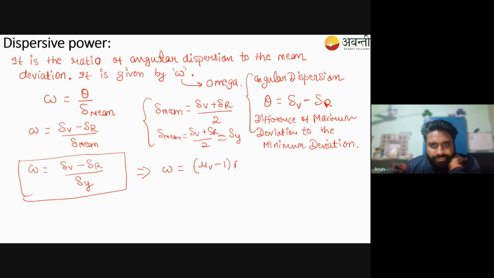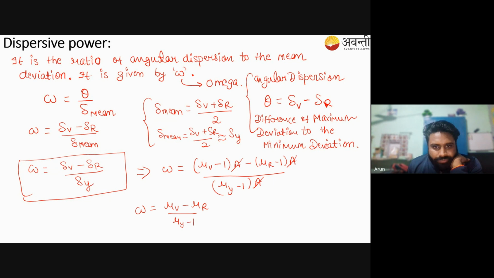It is mu v minus 1 into a minus mu r minus 1 into a divided by mu yellow minus 1 into a. This a will cancel out because you take common a, and from the bottom side it will get cancelled out. So omega is nothing but mu v minus mu r, this 1 and 1 also got cancelled out, divided by mu y minus 1.